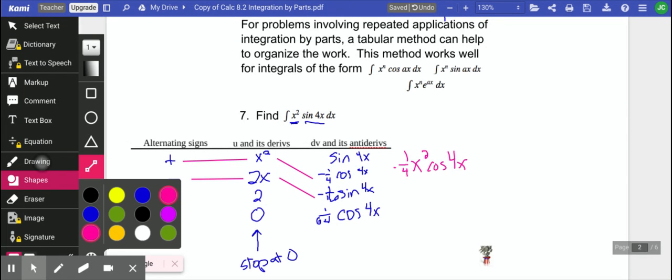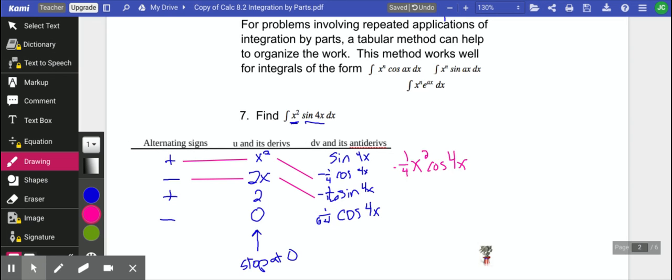So our next term will be negative 2x, and we multiply that by negative 1/16 sine of 4x.